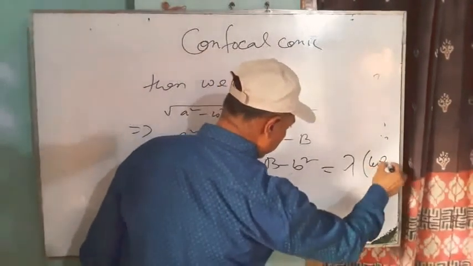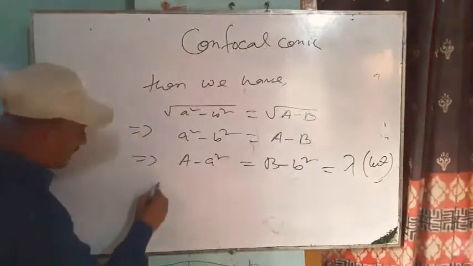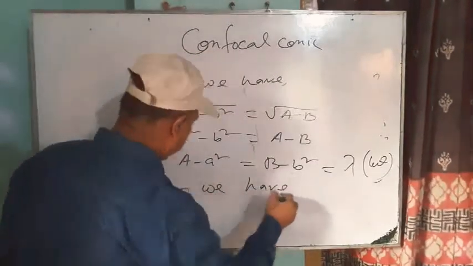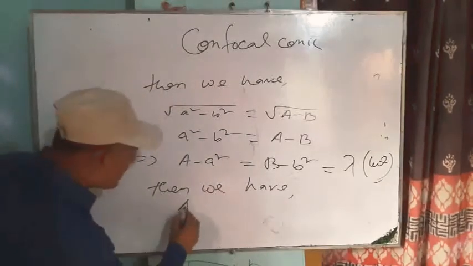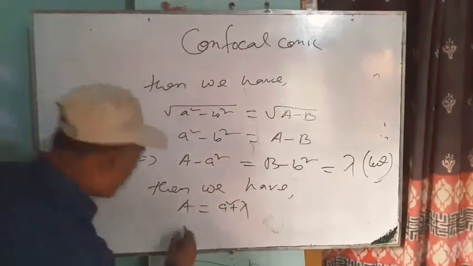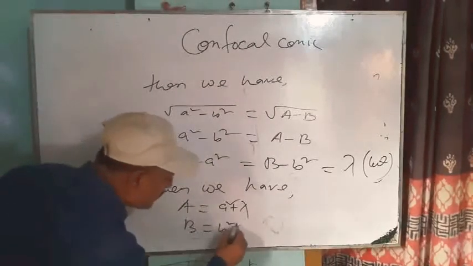Let A equal to a square plus lambda and B equal to b square plus lambda.